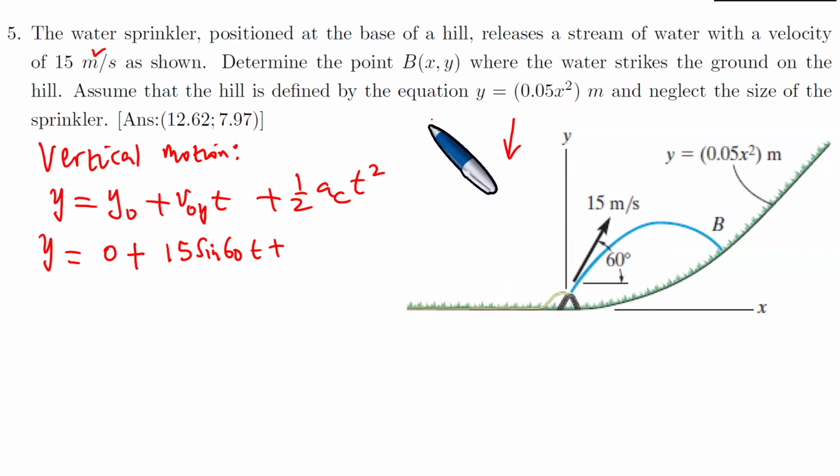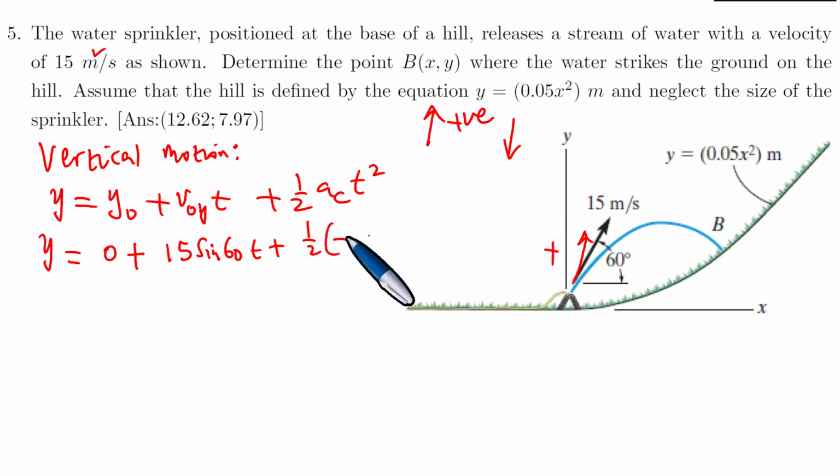So we choose upwards as positive, because the 15 would have a component that is upwards, meaning it's going to be positive because the velocity is upwards here. But the acceleration, which is constant, is going to be downwards. So as much as the velocity is positive, the acceleration is downwards, and therefore it is negative.